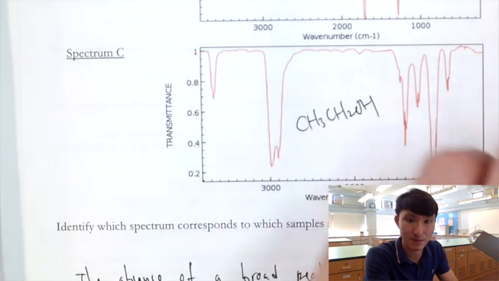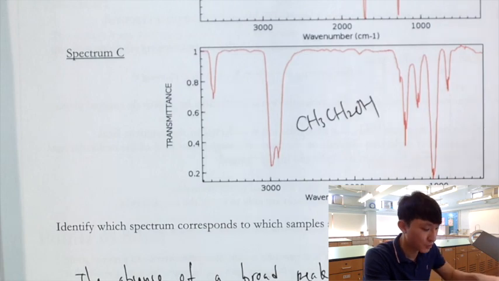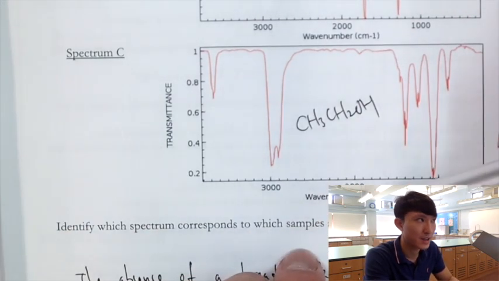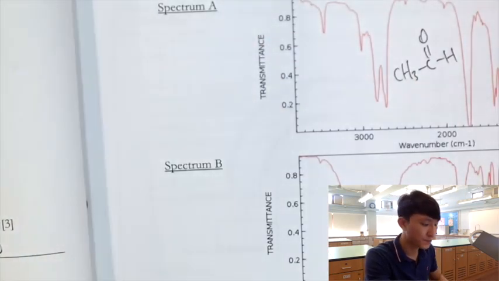You can put down another statement on that, okay? But in this case, two statements will be enough. Now, of course, you should tell me which one is which, okay? So C for ethanol, B for ethanoic acid, and A for ethanal, okay?